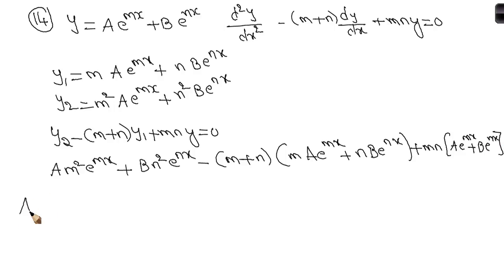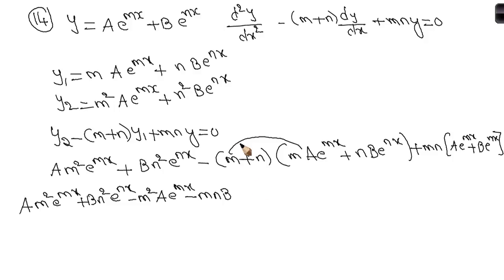If I simplify this, I get a m square e power mx plus b n square e power nx minus, if I expand this, m square a e power mx minus mn b e power nx, this into this, this into this.